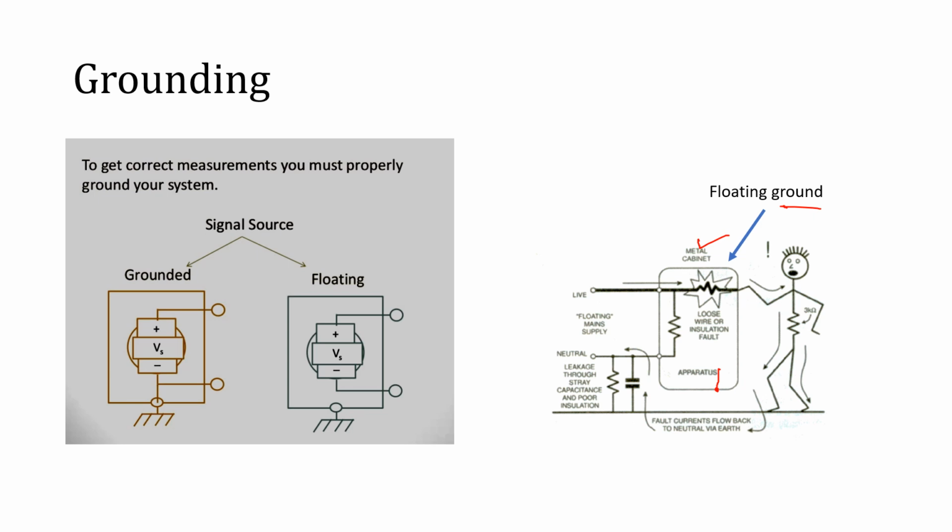But its own reference, let me write down reference, is not at the absolute 0 volt, which is equal to the earth ground. So when this metal body is not at the absolute 0 volt, but has its own reference, the current may flow through the human body and a human can get a proper shock.